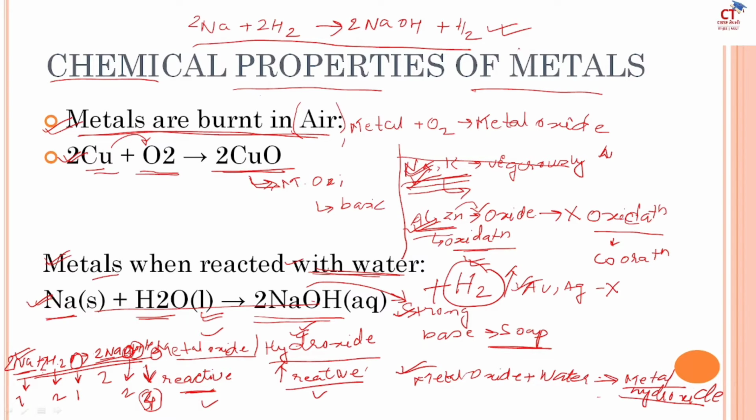Okay, in this case also we have different metals that react with water in a different way. Let's learn about them again. So in case of sodium and potassium, they react with cold water.